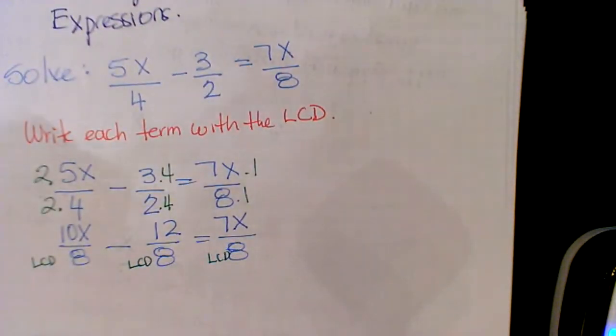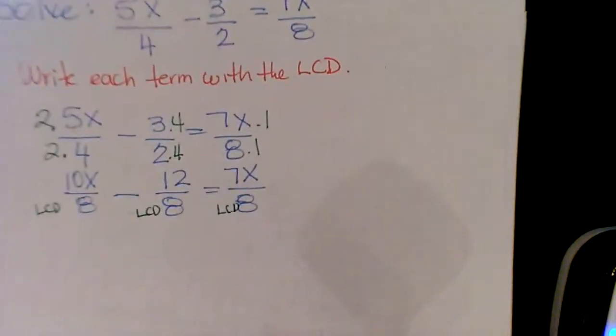Now, if all the denominators are equal or they match, we're only going to be considering the numerator. And let me write that down. This is when we're doing rational expressions.